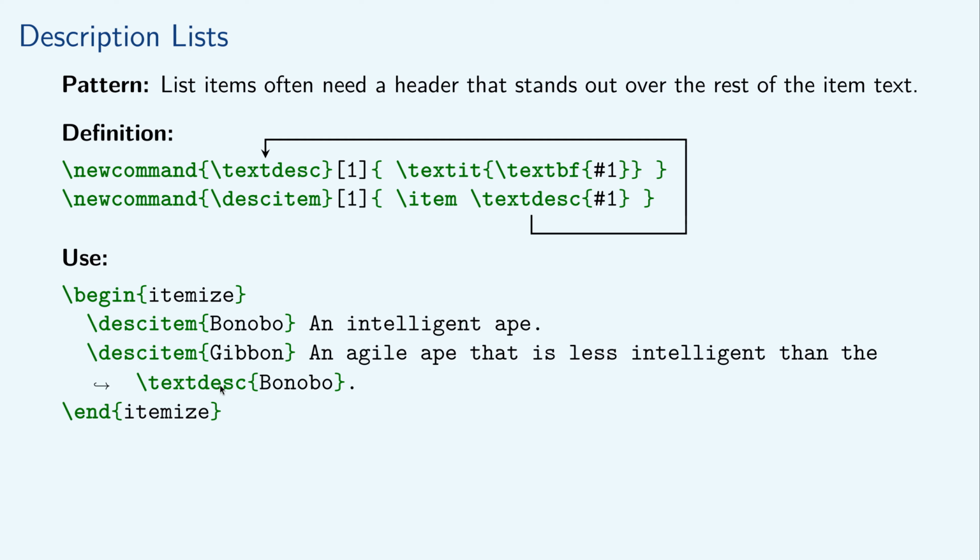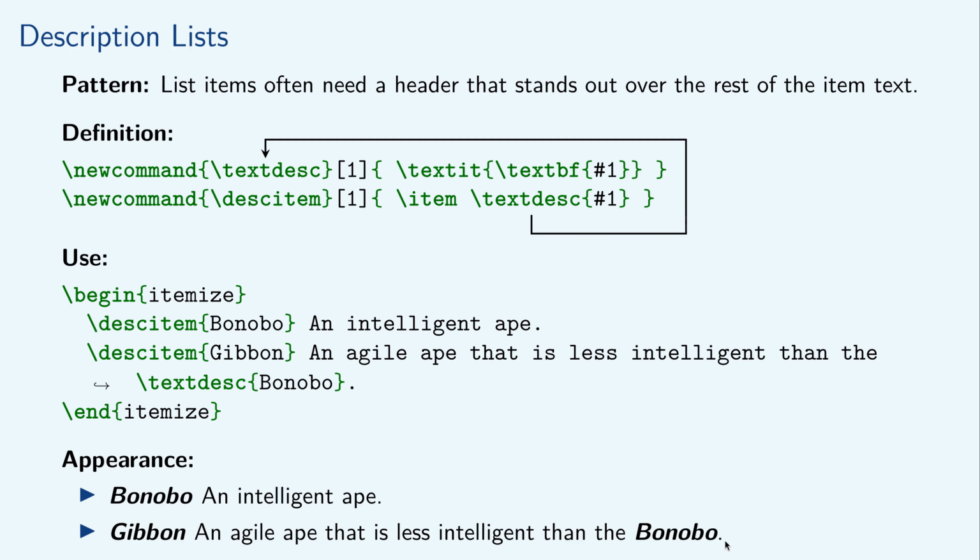So that is why I use text description here to refer to Bonobo, thereby making sure that however this text description is defined, that style will be applied to both this line and this line. And that is why Bonobo here is rendered exactly the same as Bonobo up here. Usually I end up having a few lines for each bullet point item, and that looks nice, but it also works in single lines.